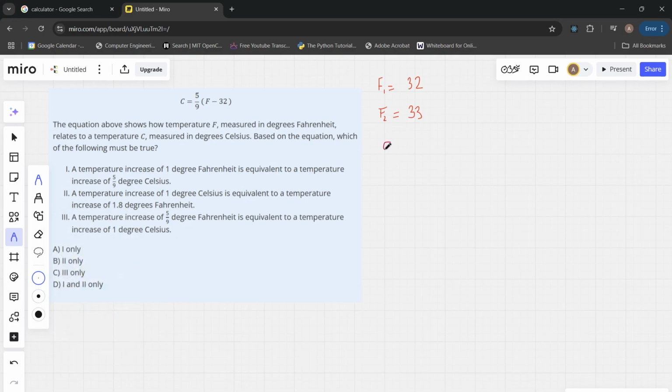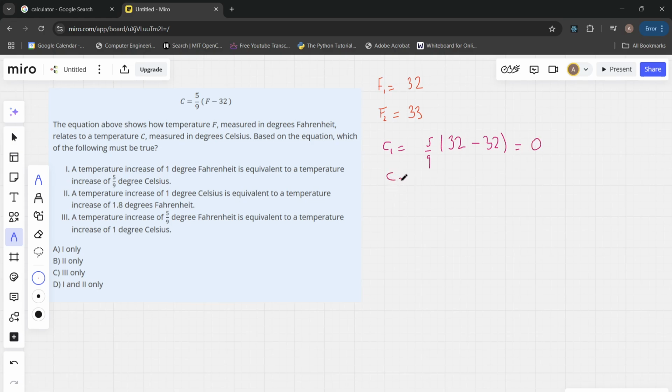So C1 is going to be 5 over 9 times F, F is 32, minus 32. 32 minus 32 is 0, so we'll get 0 for this equation.